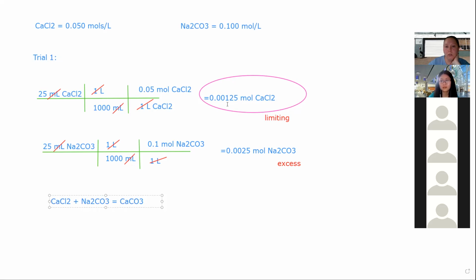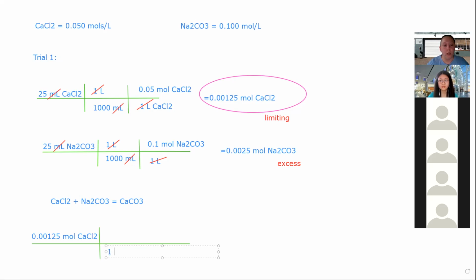So now we can start with this molar amount of calcium chloride. 0.00125 moles of calcium chloride is what we have. We need to figure out how much calcium carbonate that makes. So now we need to use the relationship of the chemical equation.